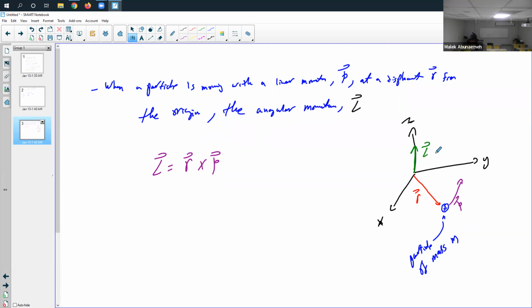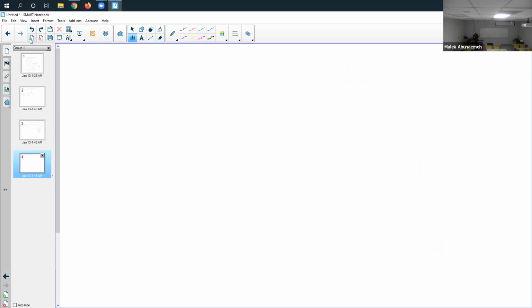So this is going to be your L, which is going to be your r cross your rho. All right. So we talked about a particle that is moving, that has a kinetic energy, that has a momentum. When you have a displacement, you're going to have your angular momentum.